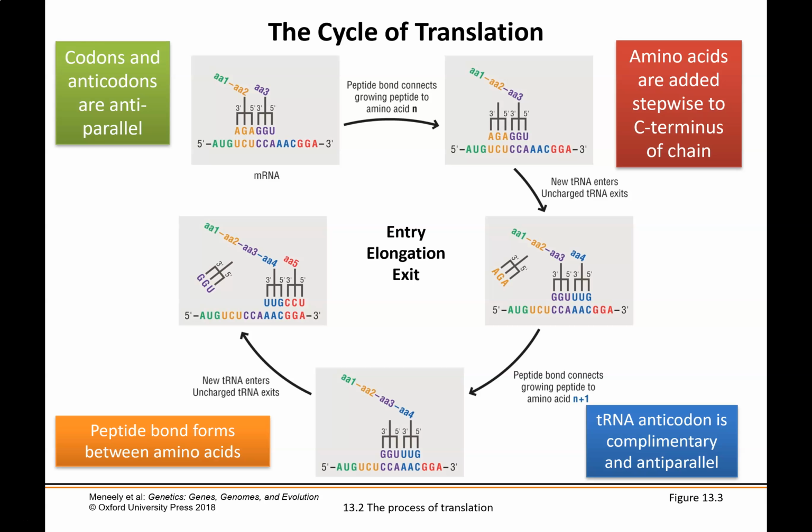So if you look at this, we can actually see the movement and the shift. So the amino acid comes in to the A site. We have the growing polypeptide at the P site. Now I know you can't see them. It's just our book did this to make it a little more simple.